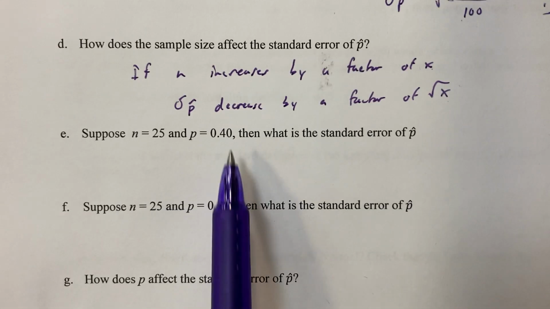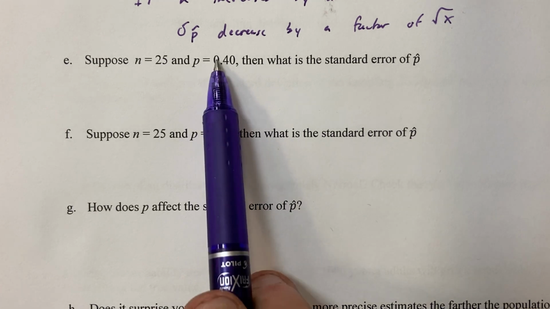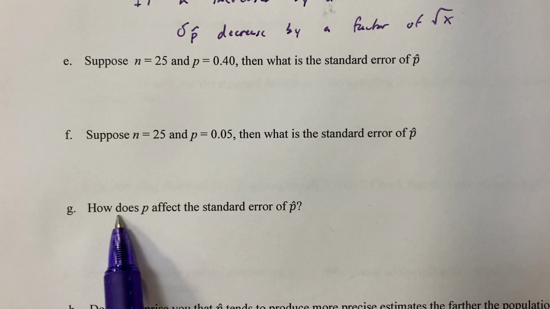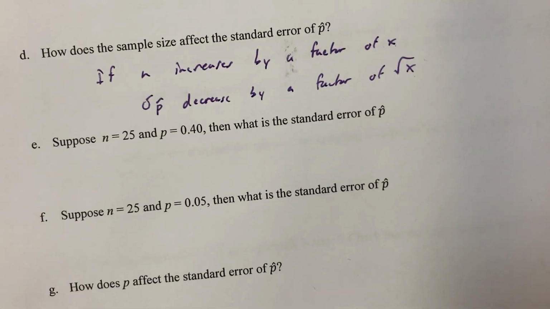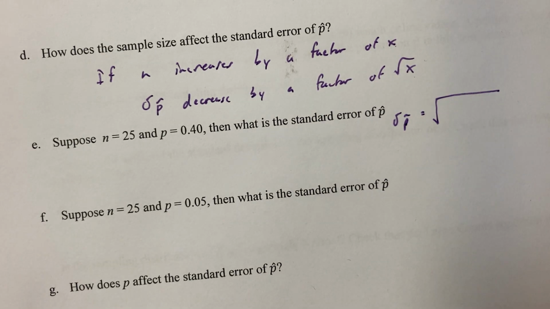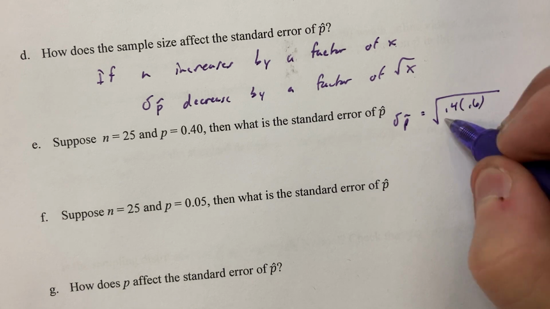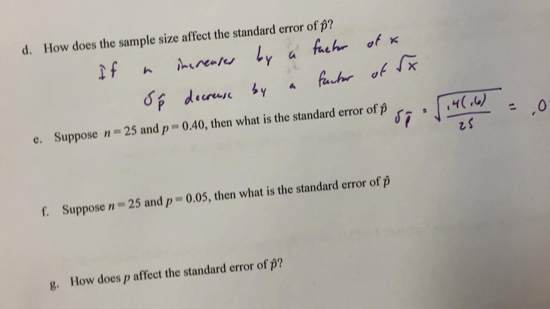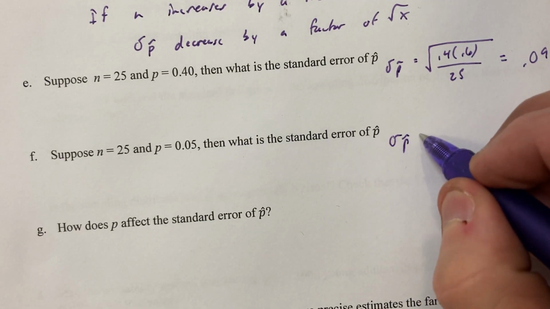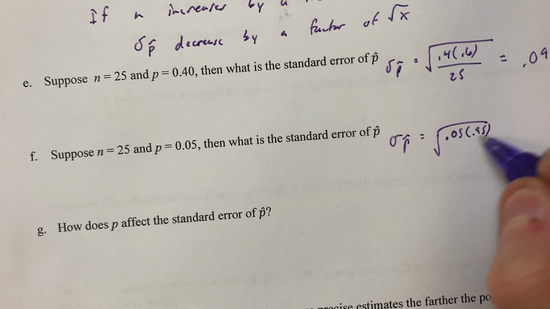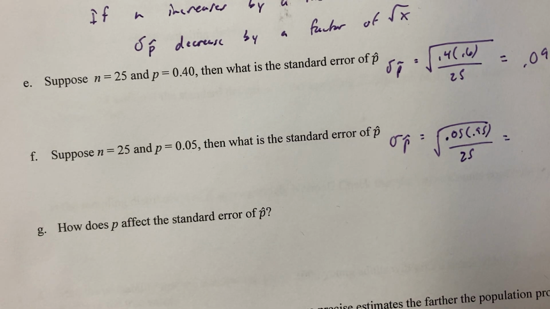All right, now, suppose that n equals 25 and p equals 0.40. So now what I'm gonna do is change my p. And I'm gonna get further from 50%, and we're gonna ask, how does p affect the standard error? So let's find out. Plug into my formula. We're going to do 0.4 times 0.6 all over 25, which is 0.098. And if I go down here, 0.05 times 0.95 over 25, I end up at 0.044.